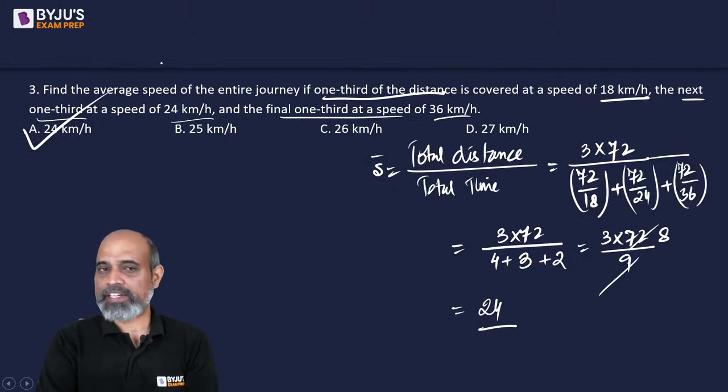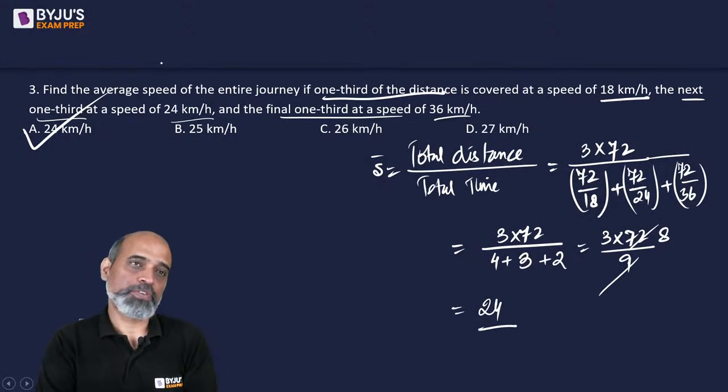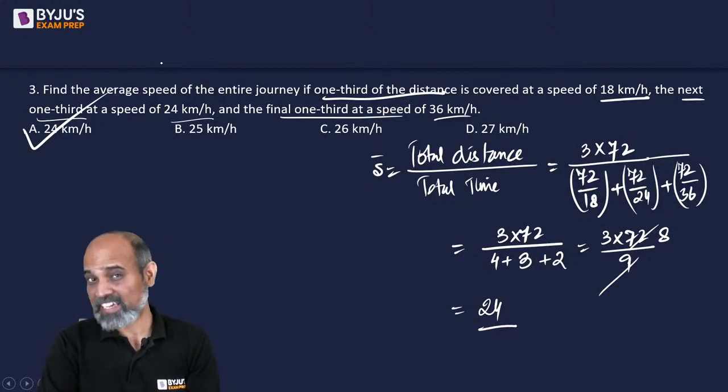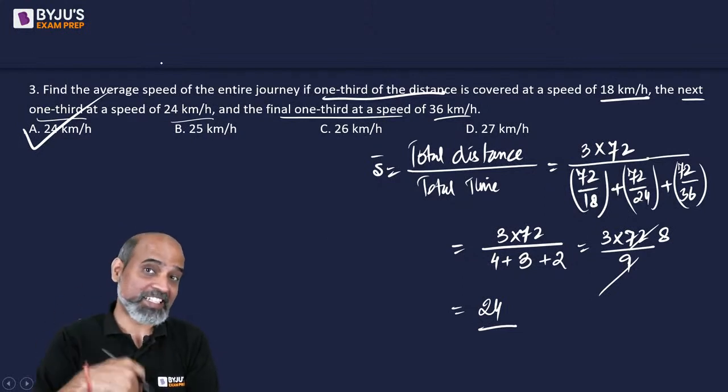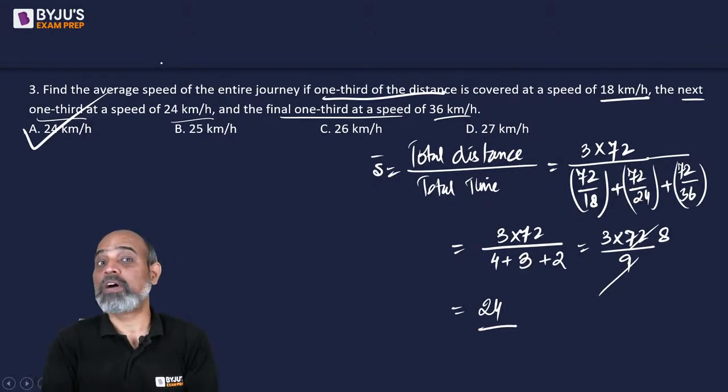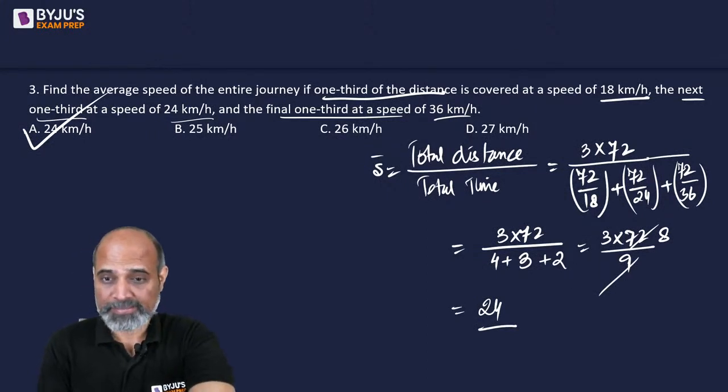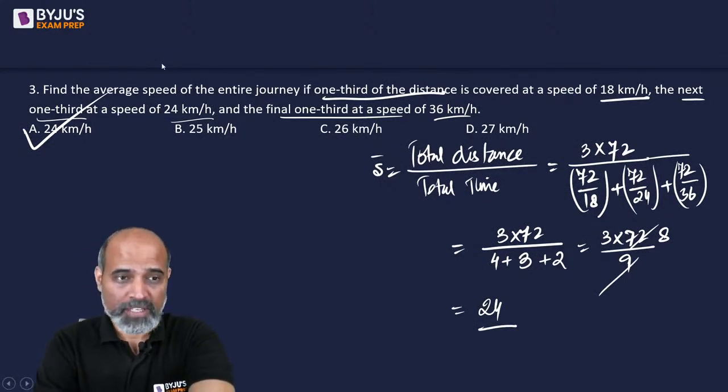Instead of taking 72 into 3 as the total distance, we could also have taken the total distance as D. Then the calculation would increase: d by 3 into 18, plus d by 3 into 24, plus d by 3 into 36. Why d by 3 into? Because it's not the whole distance d being covered at that speed, it's 1/3 of the total distance every time. Make sense? Good. A is the answer.